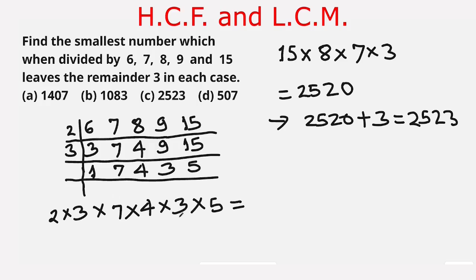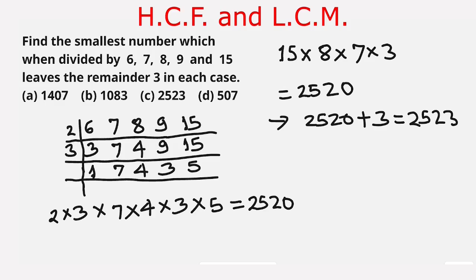5 times 3 is 15. 15 times 4 is 60. 60 times 7 is 420. 420 times 3 is 1260. And 1260 multiplied by 2 is 2520.